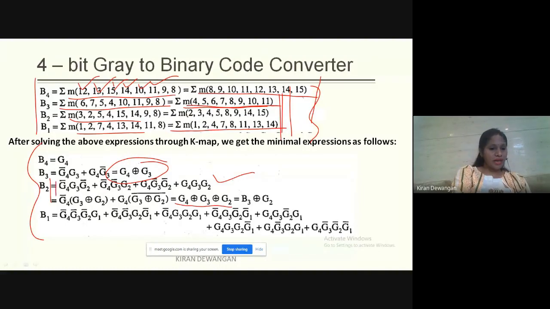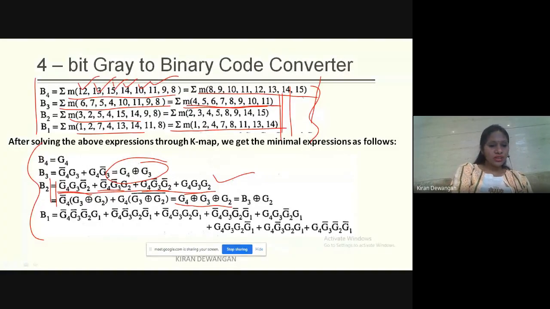This is what we'll be getting after writing the pairs. When we write the terms of the pairs, we'll be getting these 4 terms. As we have got 4 pairs, we'll be getting 4 terms. Now in this one, G4 XOR G2.